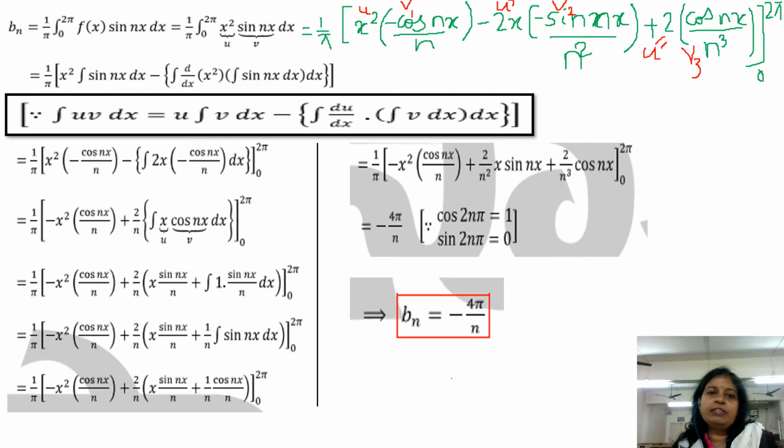Here x square is u and v is sin nx. Now we have to put upper limit 2 pi and lower limit 0.